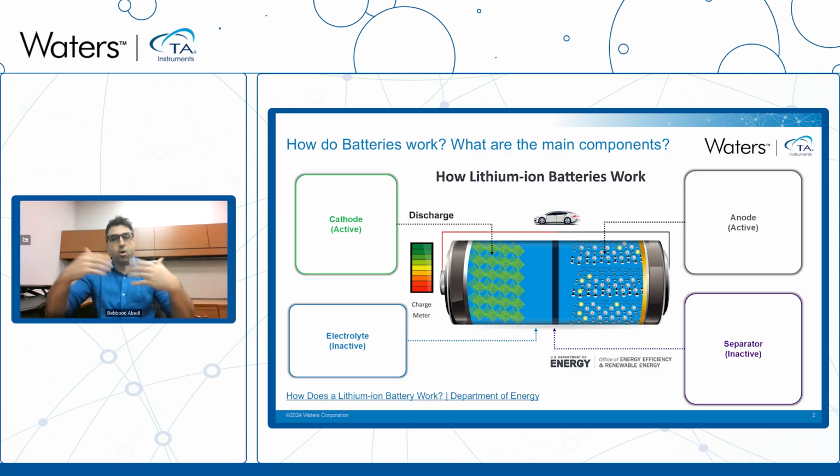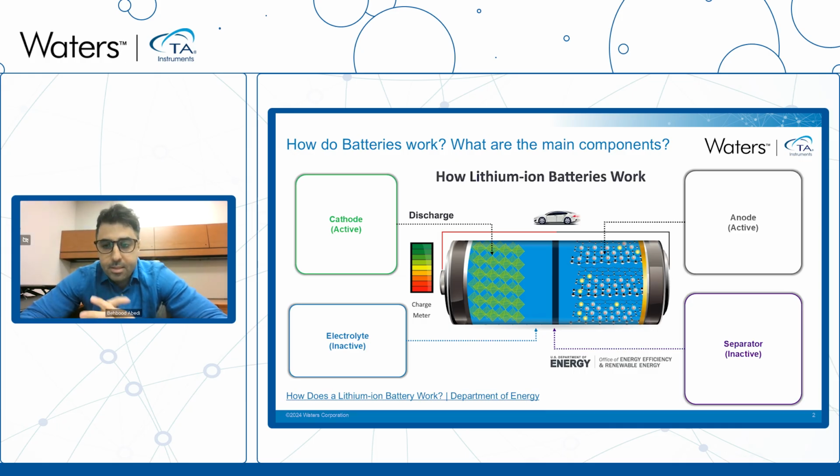Now, when you want to charge your battery, you need an external energy source to move these lithium ions back to the anode. The electrons also flow through the external circuit back to the anode. Then in the anode, the lithium ions and electrons combine and are restored.